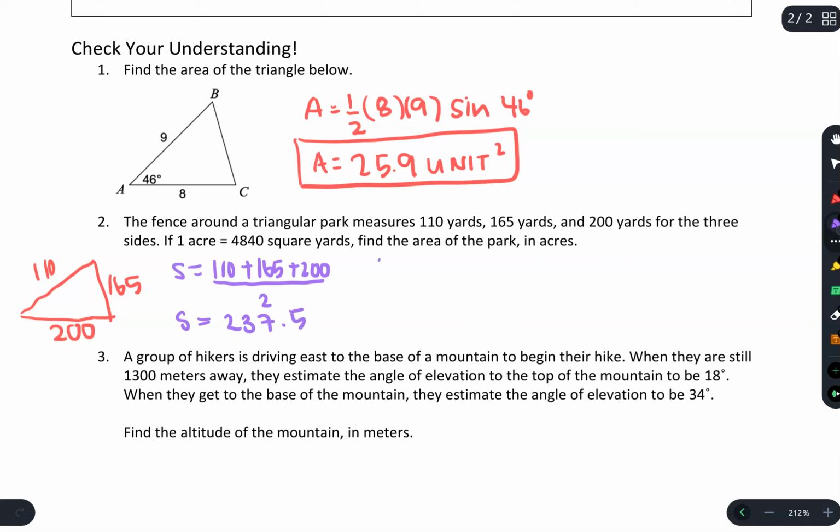Okay, so now we'll find the area by taking the square root of the semi-perimeter, which is 237.5, and then taking the semi-perimeter and subtracting it from each side measure.